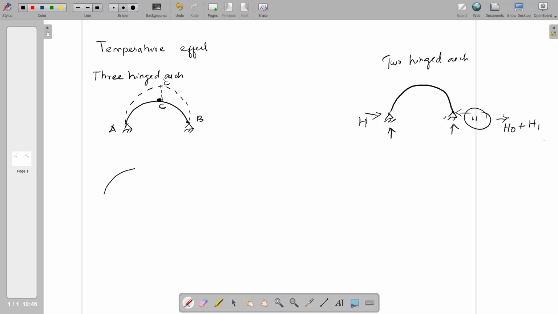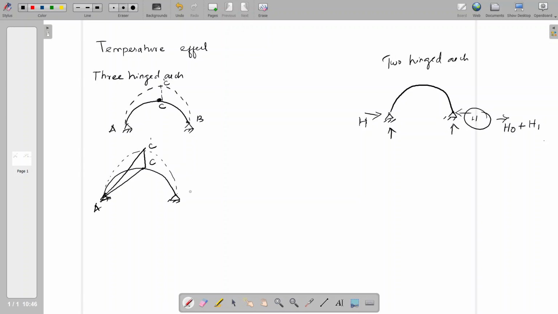Again I am drawing the three hinged arch profile, the support levels, the crown point C, and the new point C dash. I'm going to draw the straight line for C and C dash.